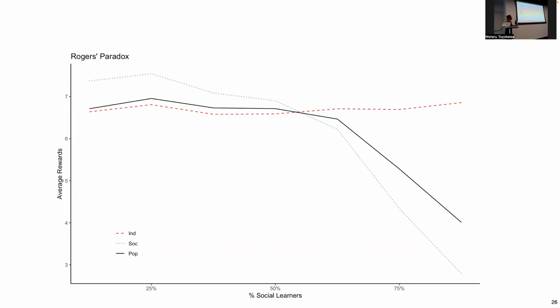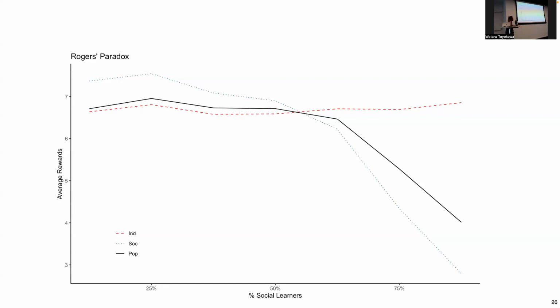But as social learner density increases, there's a higher chance that you just copy other social learners who don't really study much. So you're just copying other copiers, and this gradually decreases the social learners' performance.